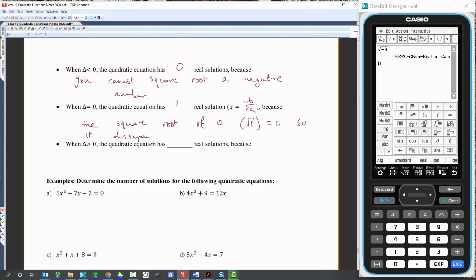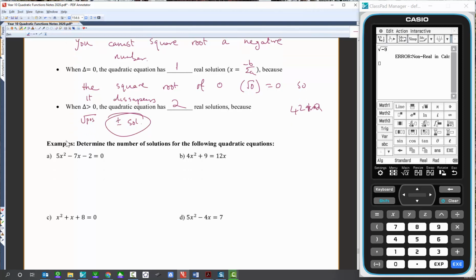It doesn't really disappear, we just don't write it, like I'm 42, but I don't write it as 42 plus 0. When the discriminant is larger than 0, the quadratic has two real solutions because the square root of a positive will have a plus or minus solution. So you'll get two different variations, so we'll get split solutions.